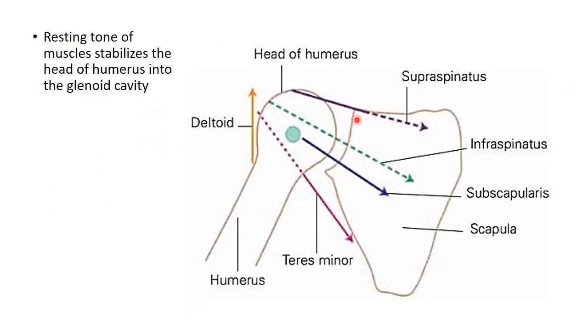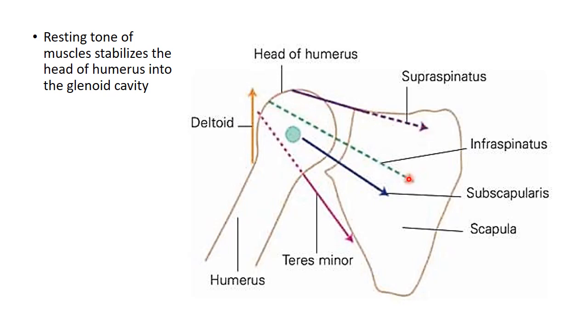In addition, these four muscles and their tendons form a tendinomuscular collar or cuff that blends with the capsule of the shoulder joint, which provides stability and strength. In addition, there is a resting tone of these muscles.